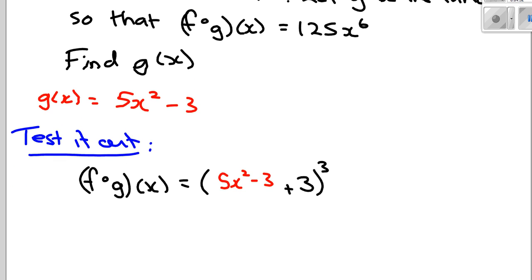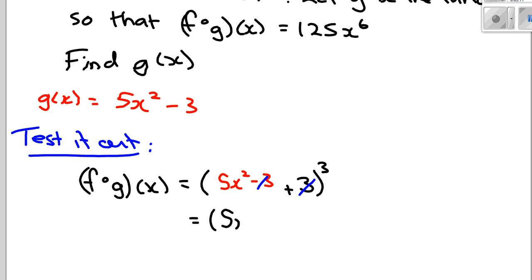So what does the bracket simplify to? Those cancel out, because that's the main thing we wanted to see there. So (5x squared) cubed, and our exponent laws should be 125x to the power of 6. Yep, 125x to the power of 6.